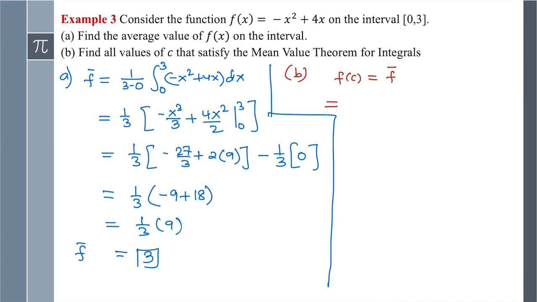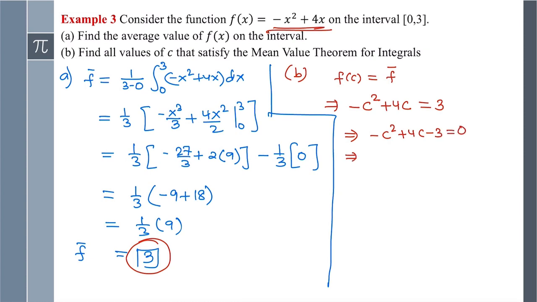So f of c means we take c and plug it into our function. It's negative c squared plus 4c equals the average value of the function, which is 3. That means we have negative c squared plus 4c minus 3 equals 0.